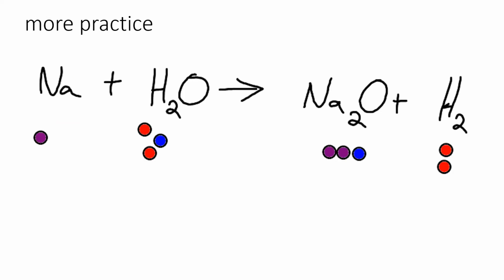All right, let's try it again here. Let me see. What do I see? 2 hydrogens. That's good. 1 oxygen on each side. Okay, 2 hydrogens on that. Yep. Oh, wait. Sodiums. Oh, but look, sodium is by itself.